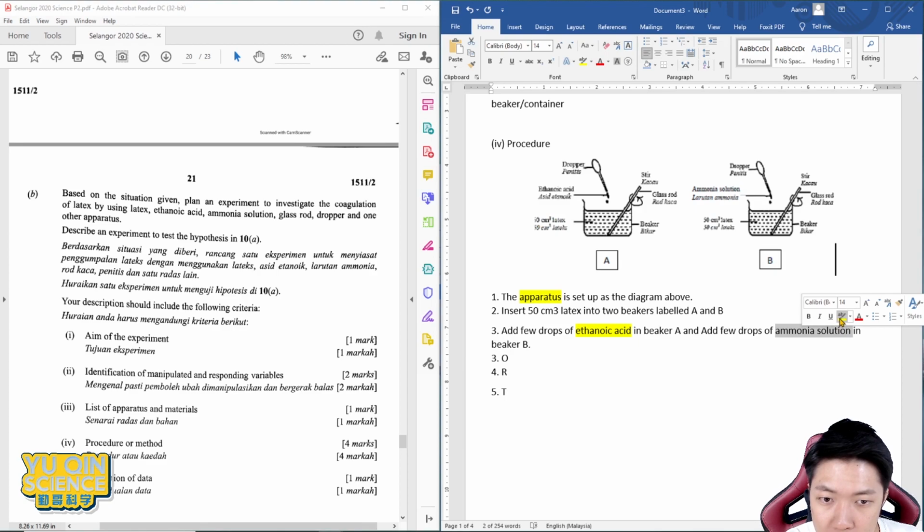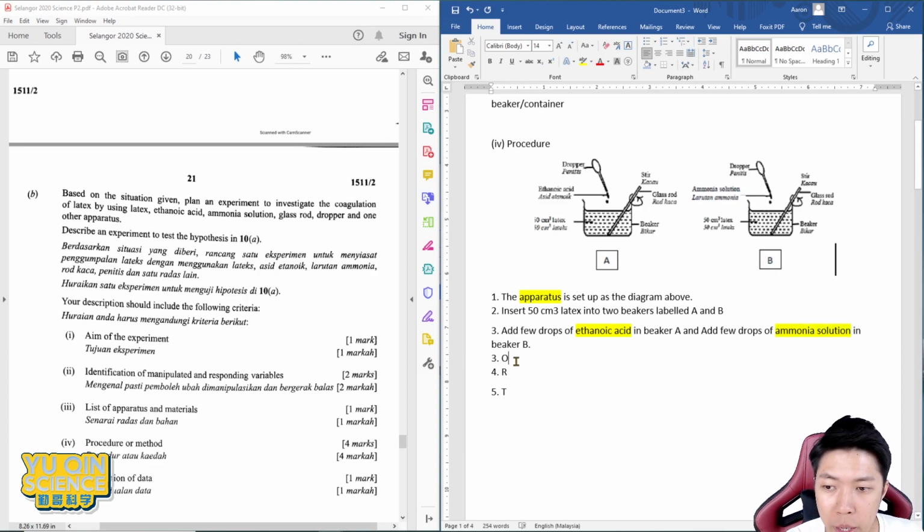That's my manipulated variable. Okay, and that is number 3. So we got one sentence extra.